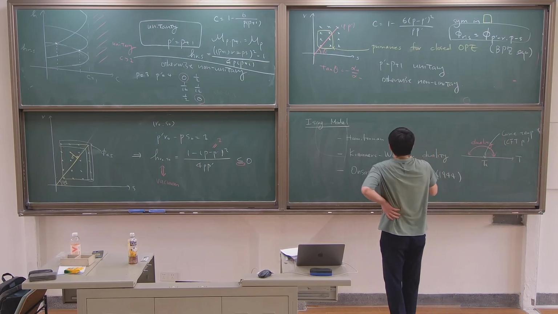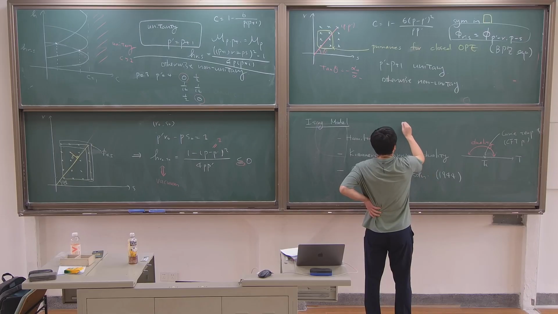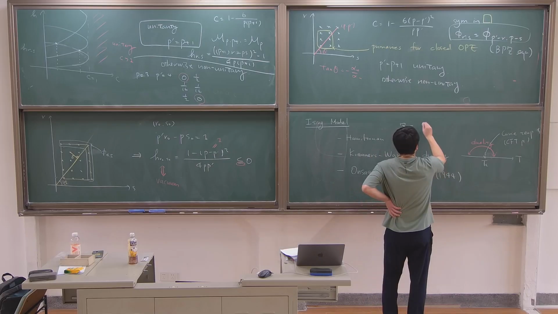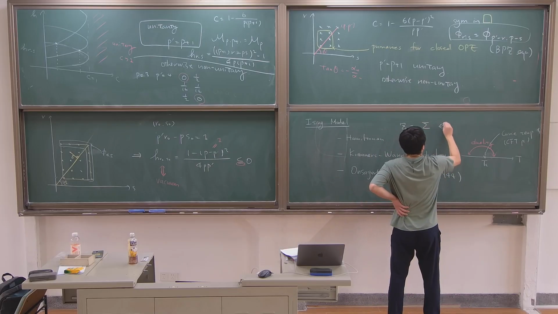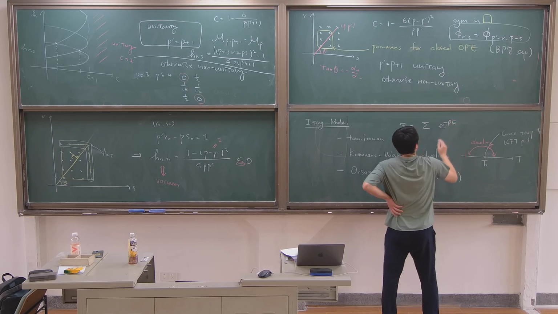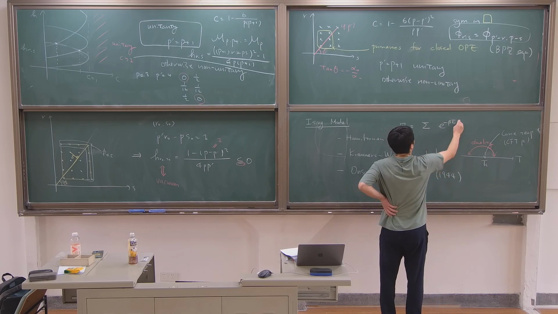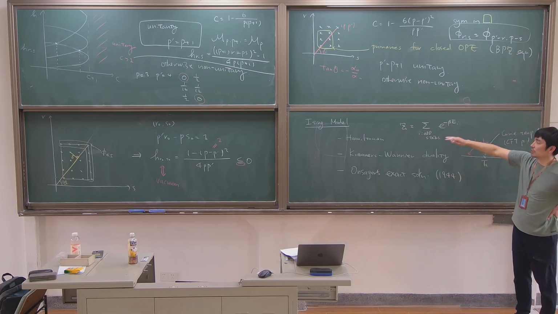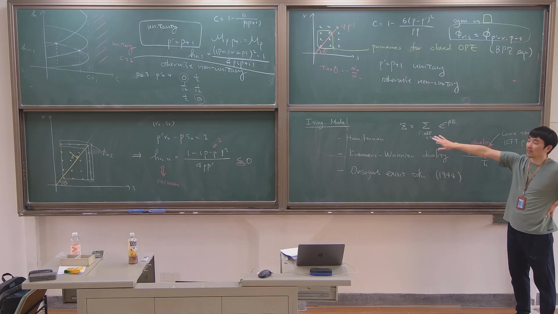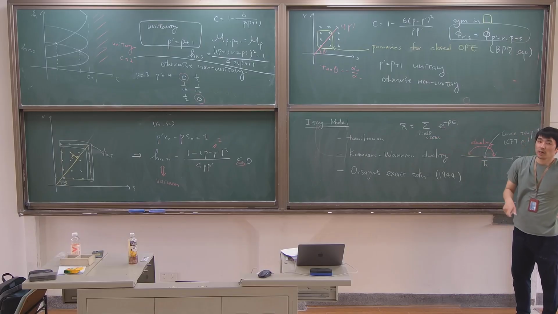In statistical mechanics, what we need to consider is the so-called partition function. Boltzmann tells us that you have to sum over all states with the Boltzmann weight e to the minus beta E_i, where E_i is the energy of each state.